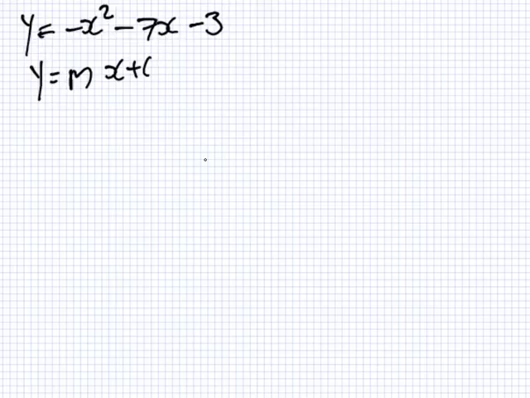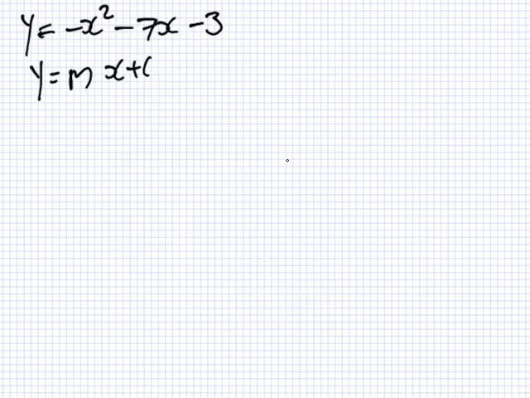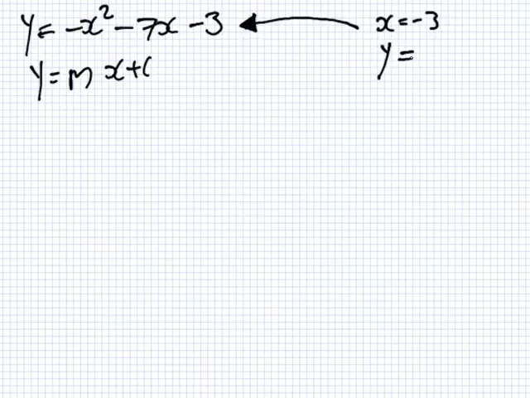Okay, so for this one, we were saying that x is minus 3. And if we put that in here, we can get the y. What was it for the y here? 27? Okay, now what can I find with the minus 3 and the 27?